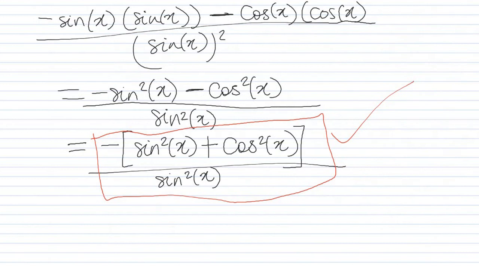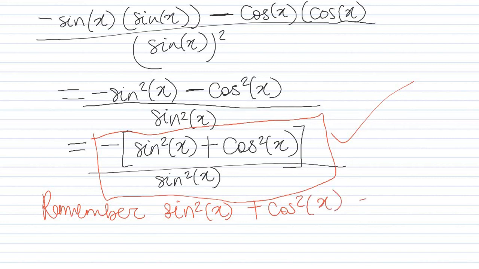So I'm going to rewrite it here. Remember, from the trig notes what we just saw, sine squared x plus cosine squared x equals 1. So now that we know that, and that is much simplified, we can just substitute it here. So instead of having negative into bracket sine squared x plus cosine squared x, we can just have this here and put minus 1 divided by sine squared of x.